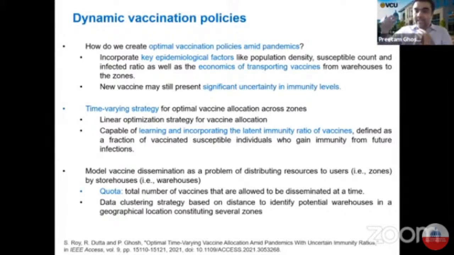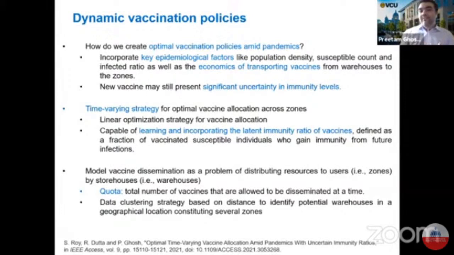The variation is much higher than 95%. For example, the flu vaccine's efficacy is between 40 to 60%. That's the level of difference you would generally see in the efficacies of vaccines. So one single number, 95% efficient, cannot be used to make these types of vaccination policies.